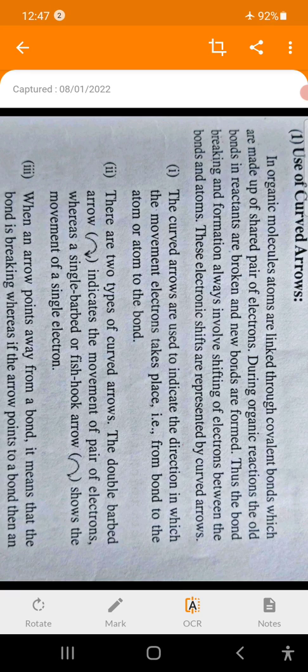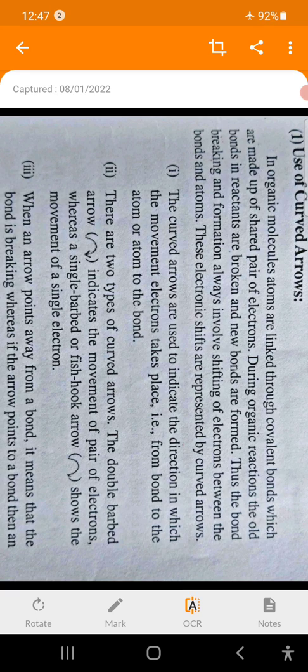Actually, bond breaking is nothing but movement of electrons. Bond is nothing but electrons. We know that one bond, which we represent by a dash, is nothing but two electrons. Then bond breaking and bond formation are also represented by curved arrows.